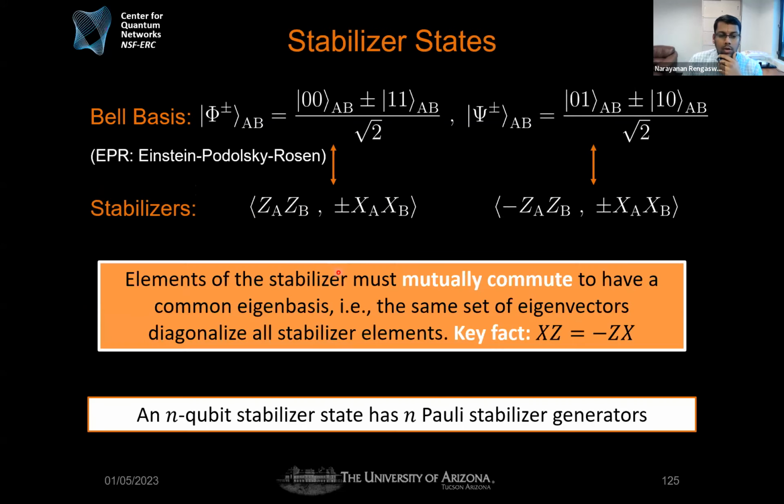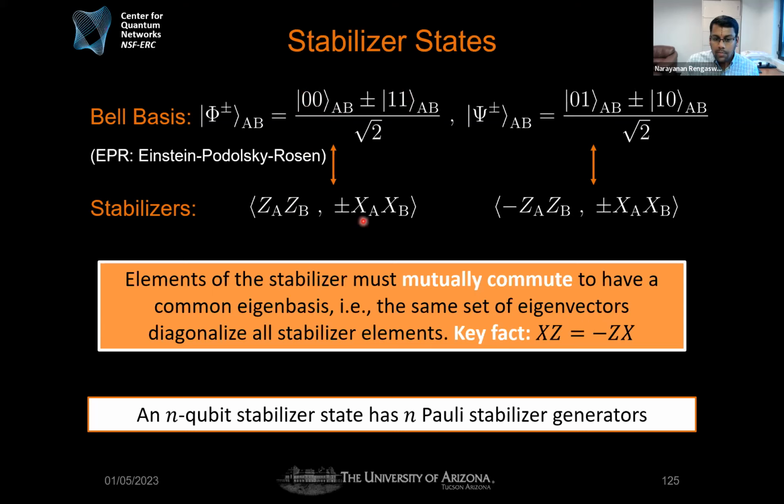So to put everything together, you have these Bell basis states and the so-called stabilizers, which means these operators stabilize the vectors. That means that these vectors are +1 eigenstates of these signed operators. So for Z Kronecker Z, these two are +1 eigenvectors.